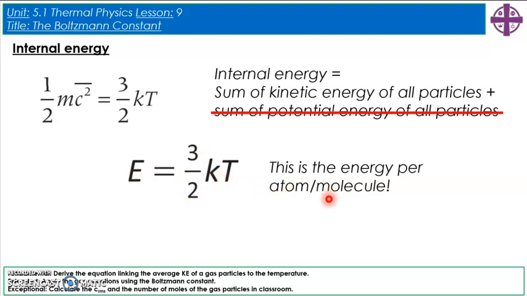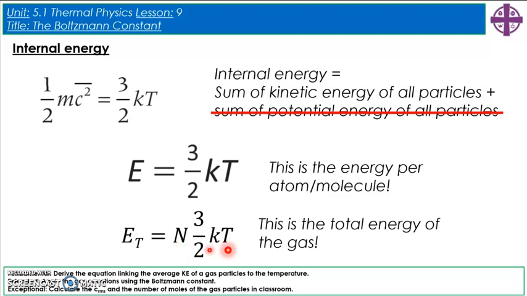And this is the energy per atom or per molecule. And then to get the total internal energy for the whole gas, we would just times it by the number of molecules there are, N. And that would be the total energy of the gas, the total internal energy. And that is because the only energy that a gas will have is the kinetic energy of the particles. There is no potential energy of the particles.